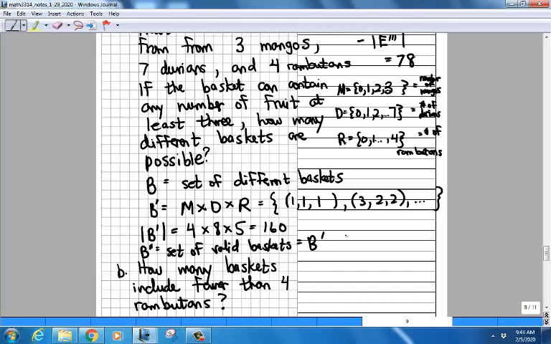Anything with less than 3 fruits. That's right. So subtract off baskets with less than 3 fruits.